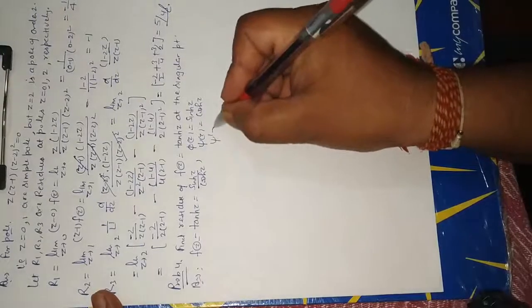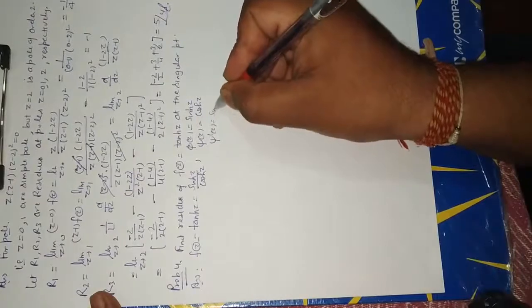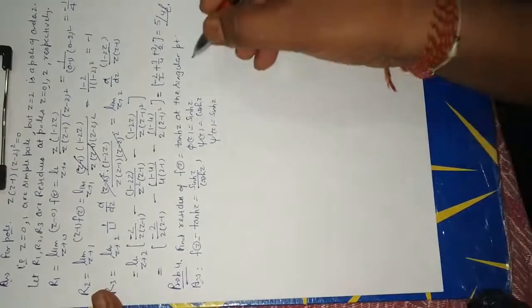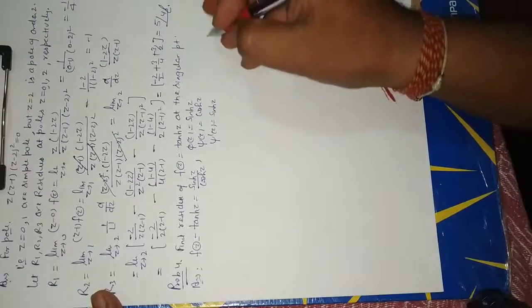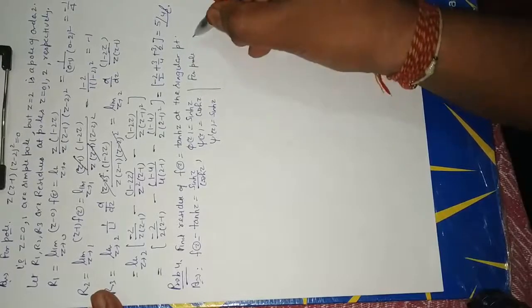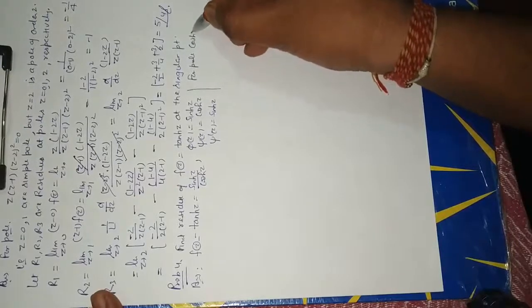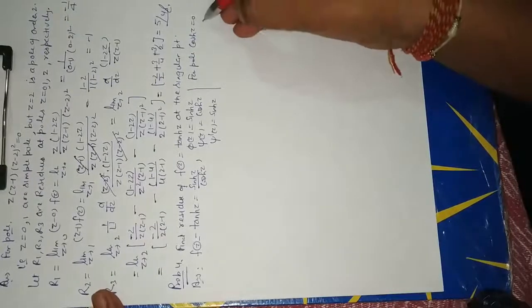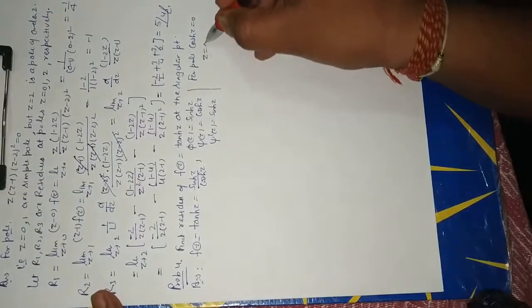Now psi dash z is equal to sinh z. For the pole, cosh z is equal to 0. Now z is equal to pi by 2.